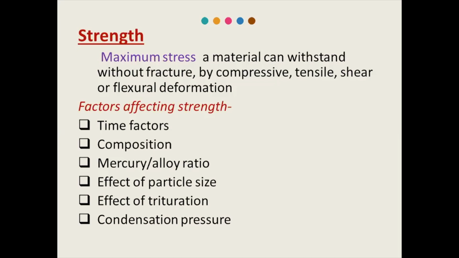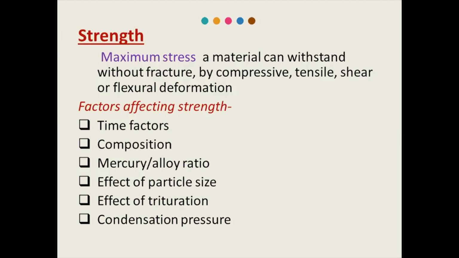If the restoration is thin at the margin, what will happen? There will be corrosion, there will be secondary caries development, and ultimately clinical failure of the restoration can occur. So the cavity design should be proper so that it will receive maximum compressive forces and minimal tensile or shear forces.